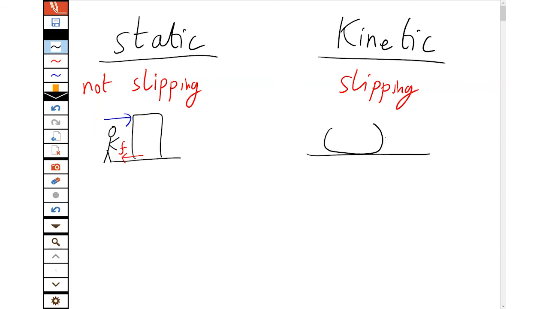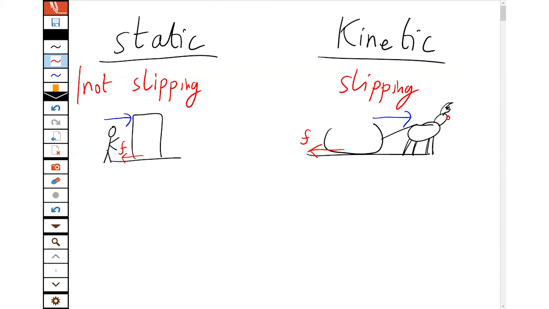So for example, if you're dragging a sled across the surface, let's see, head, antlers, and a red nose for the reindeer. Ooh, very mutant looking thing. But anyway, if that thing is already moving and being pulled to the right, the friction will oppose that to the left. So that's the classic static and kinetic.